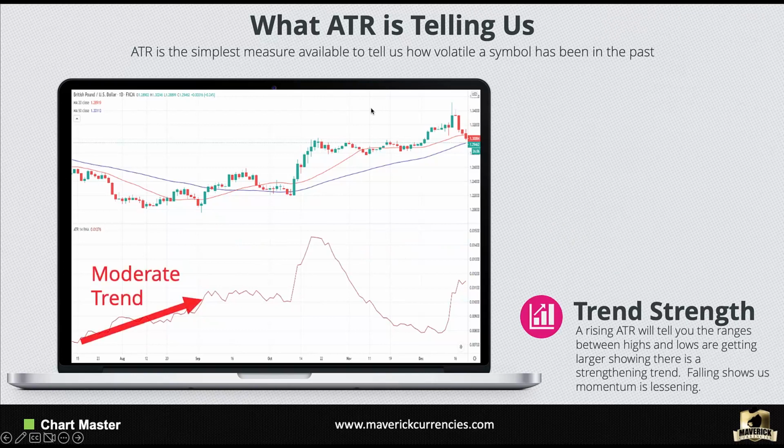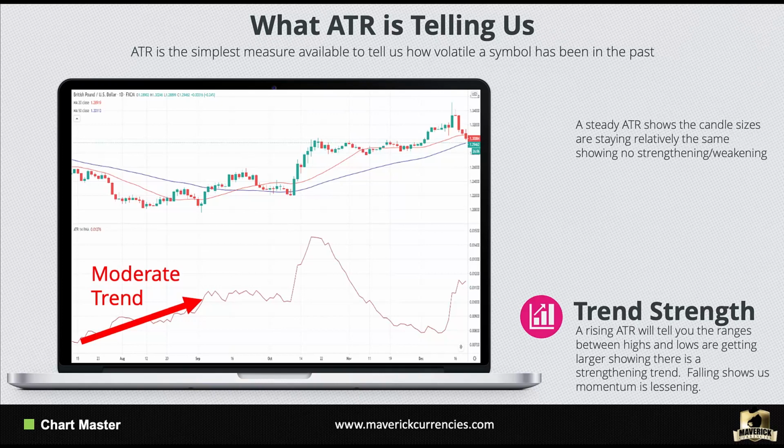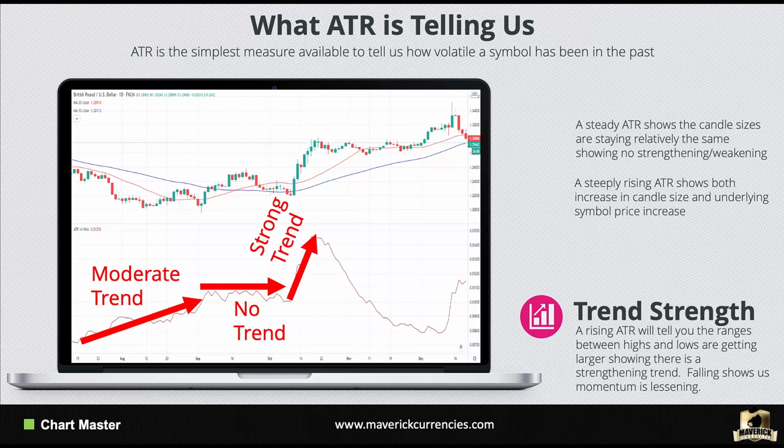Now let's take a look at the ATR trends. In the early stages, you can see that the trend is moderate. It's moving slowly higher, and then it goes into a sideways period where there's no trend. Later on, that's met with a much stronger trend, and you can see the ATR start to rise rapidly.